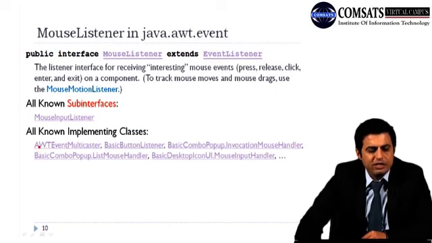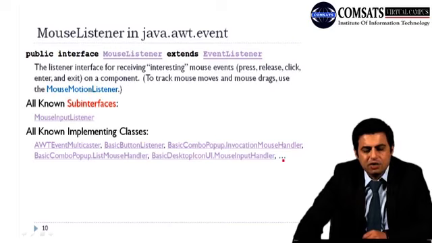There is AWT event multicaster, basic button listener, basic combo pop-up, invocation mouse handler, and basic combo pop-up. We don't have to go into the details of this, but all these listeners and all these classes are used in the graphics. List mouse handler, basic desktop icon user interface, and mouse input handler.